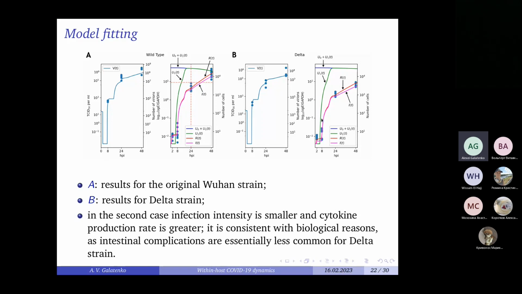So the cells are more protected in two senses. These results stay in sync with biological argument. It is known that intestinal complications are much less common for Delta strain, and Caco-2 cells are the ones taken from intestinal tissue.